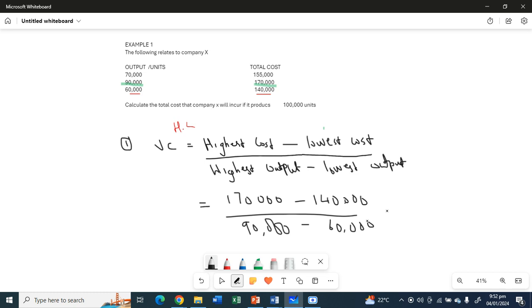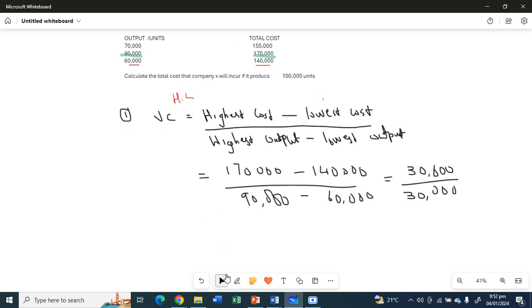If we get our calculators, 170,000 minus 140,000, we get 30,000. Again, 90,000 minus 60,000, we also get 30,000. 30,000 divided by 30,000, we get 1.